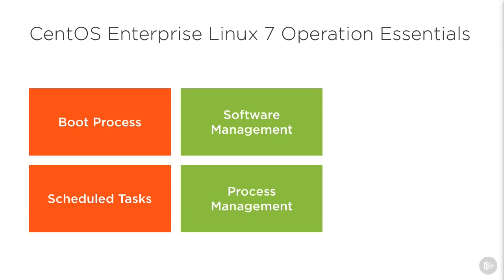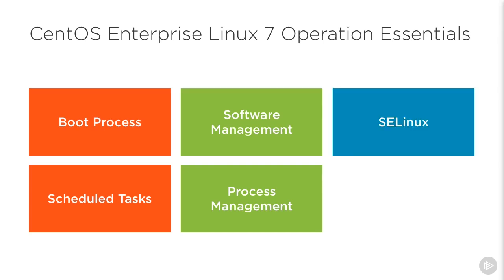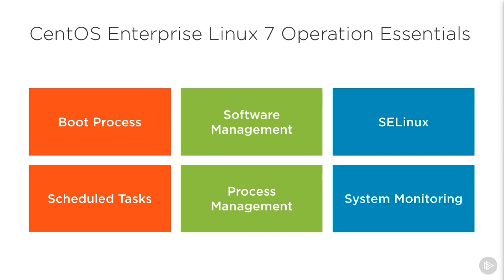We'll be looking at process management, so how we can view processes that are running on our system and how we can manage those processes. We'll be looking at SE Linux, so our secure Linux, so looking at mandatory access control lists. And we're taking a look at how we can monitor our system to see how busy or how loaded our system has become.